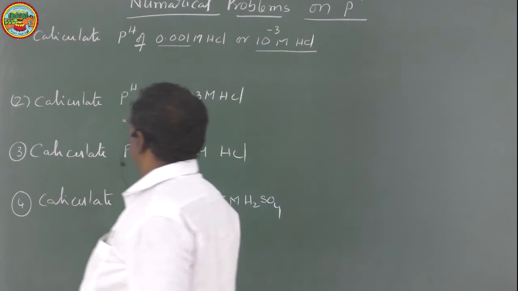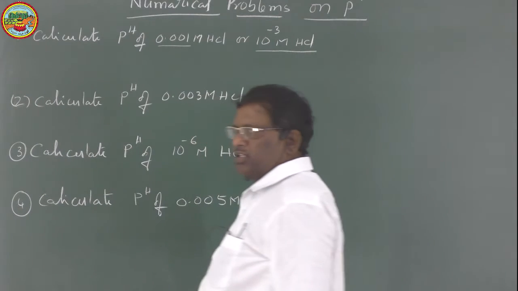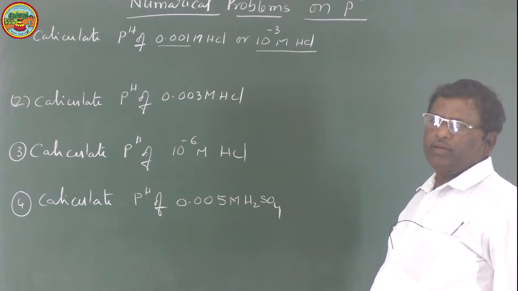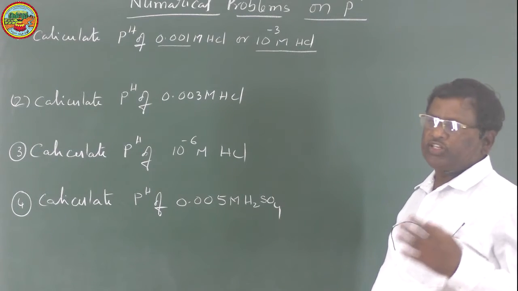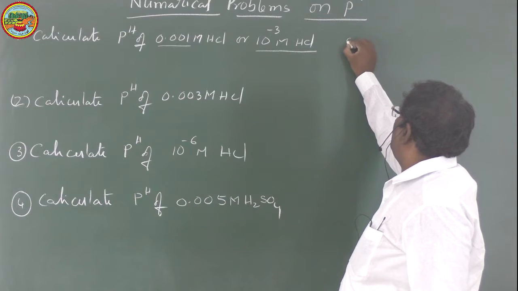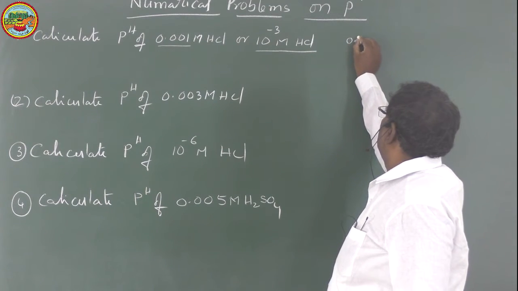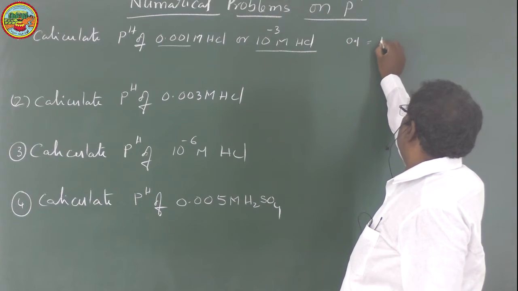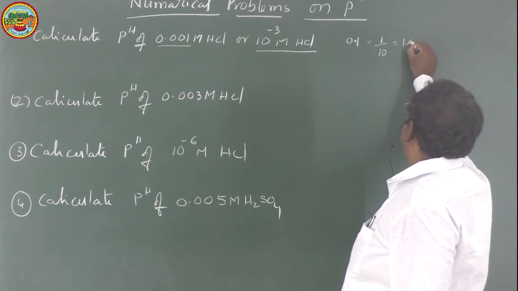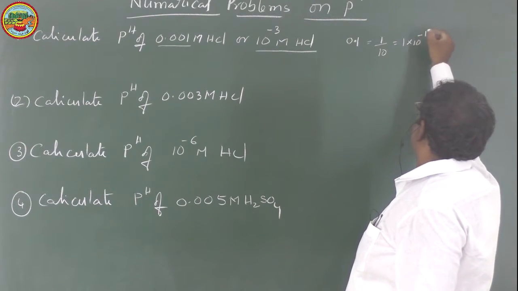Here, just once again, I want to explain how to convert these decimals into scientific notation. If you have 0.1, this can be written as 1 by 10, or 1 into 10 to the power minus 1.